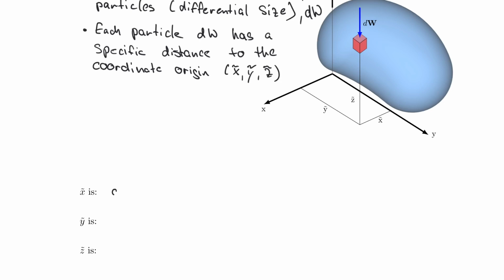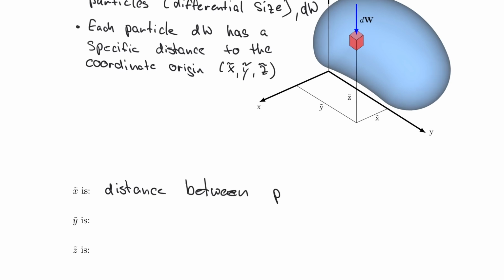So distance between particle, and that's the super tiny particle, so dW, and coordinate origin.